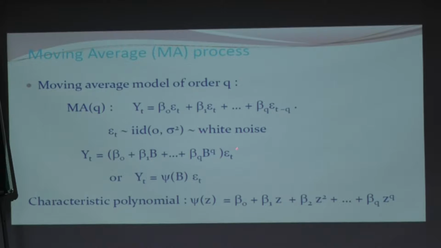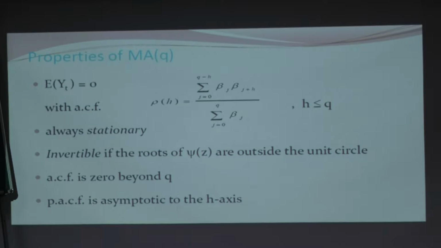Again you can write the characteristic polynomial here, and express yt in terms of the epsilon t's, the white noise. And you can see in this case that the ACF is 0 beyond point q.